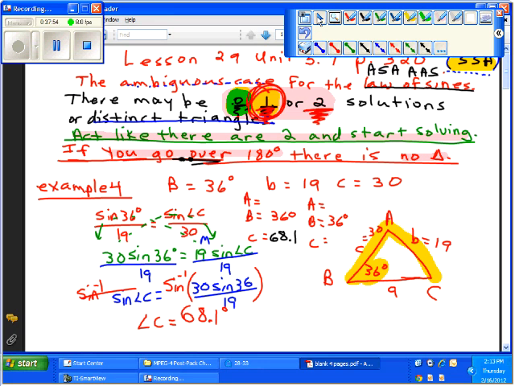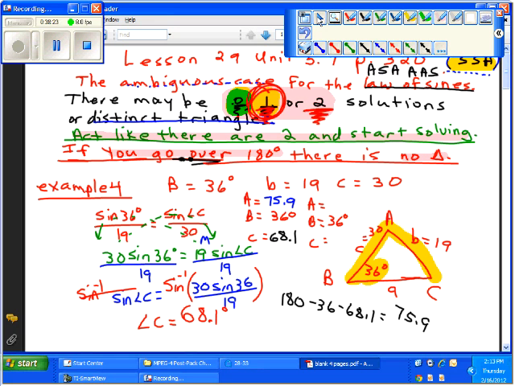Did we go over 180? No, we did not. So we can find angle A by doing 180 minus 36 minus 68.1. And we get 75.9 degrees for angle A.